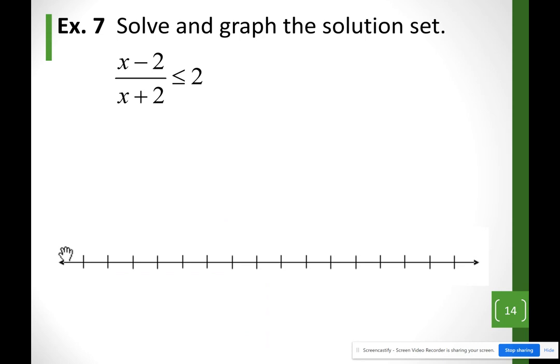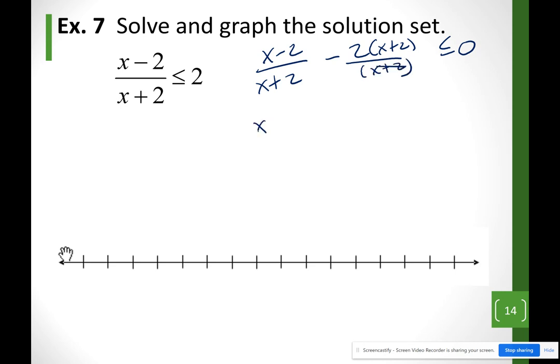Let me try this one out. I have x minus 2 over x plus 2, minus 2, is less than or equal to 0. First thing, I let the right side equal to 0. Let me give myself some space to work. I must have a single fraction, so I'm going to multiply top and bottom of the 2 by x plus 2.